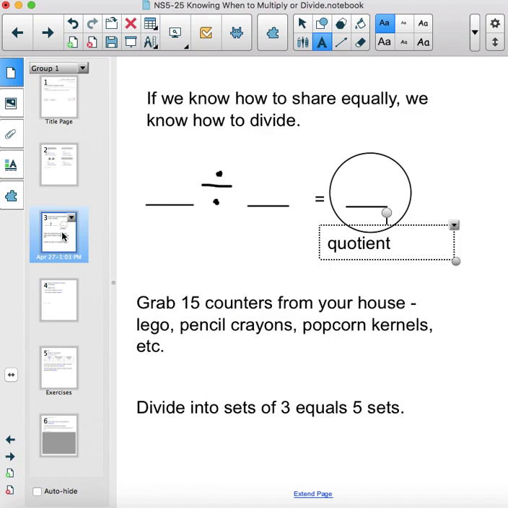So last week, you did some lessons on knowing how to share things equally. And if we know how to share equally, we know how to divide. So I'm going to write this number on our whiteboard right here. The number that I have, I'm going to write 10.